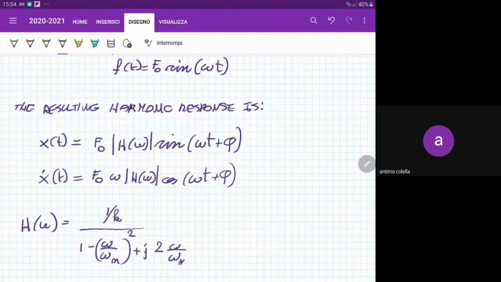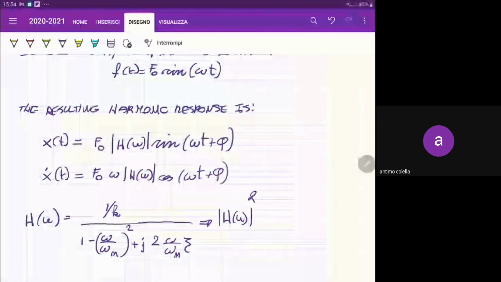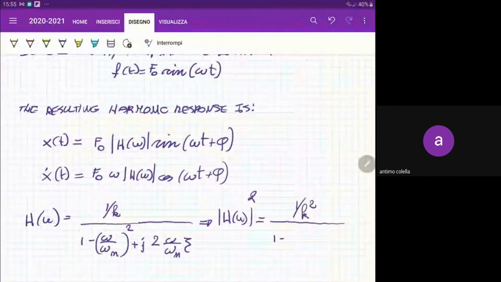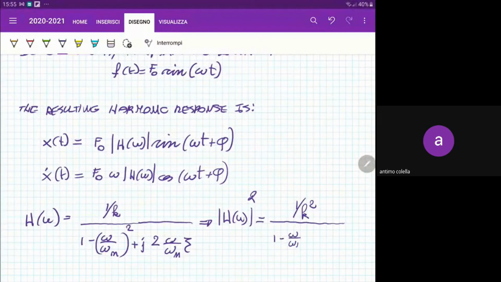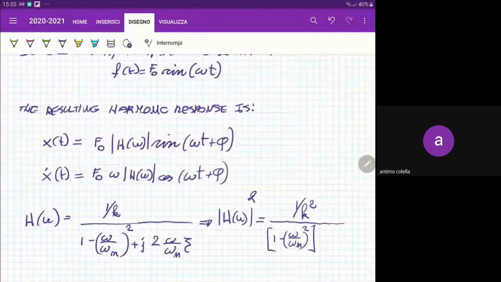Okay, that is a single degree of freedom system, so that the amplitude of your system squared is equal to 1 over k squared divided by 1 minus omega over omega n squared, squared, plus 4 zeta squared times omega over omega n squared.